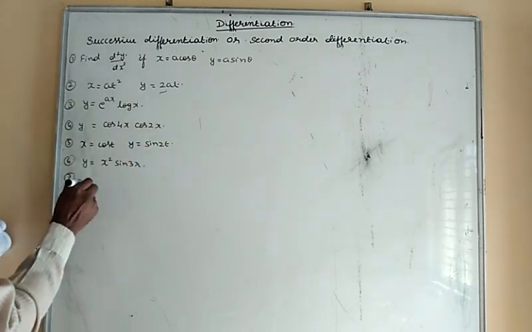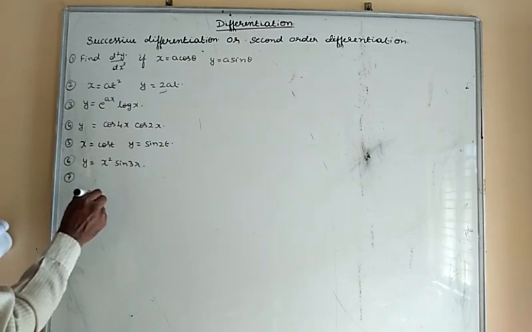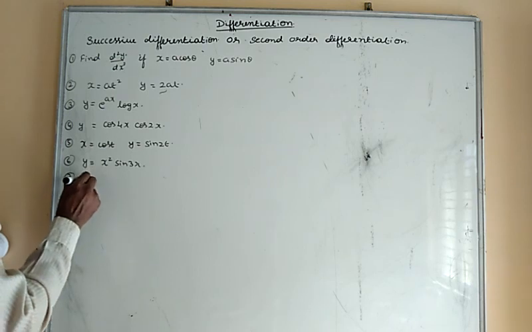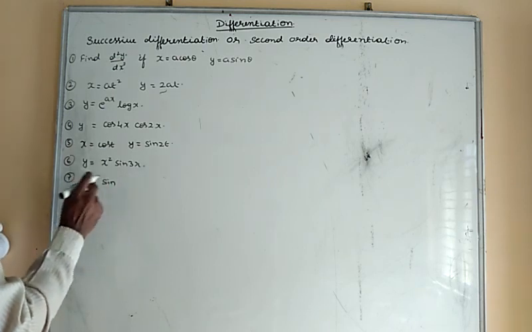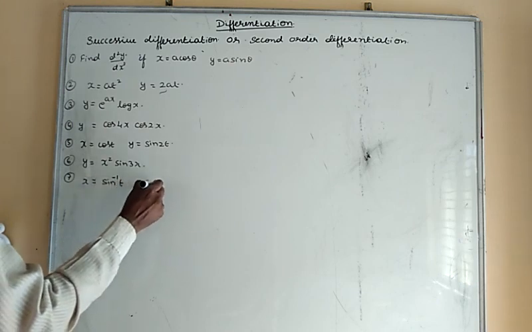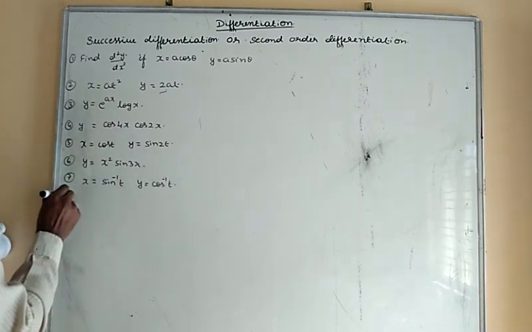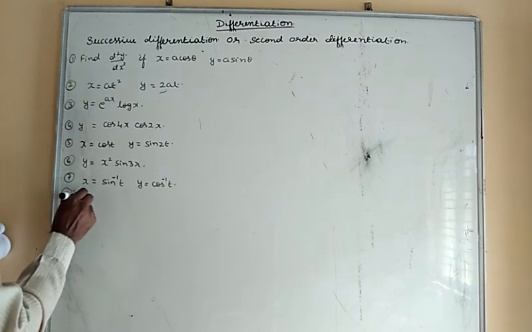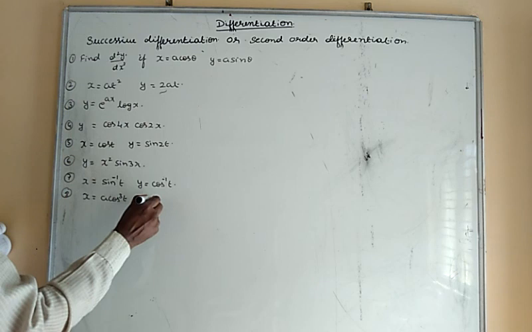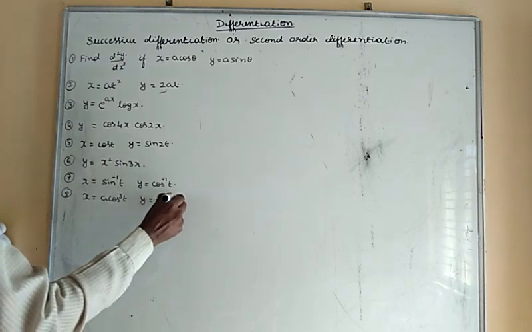Seventh one, x is equal to sin inverse t, y is equal to cos inverse t. Next one, x is equal to a cos cube t, y is equal to a sin cube t.